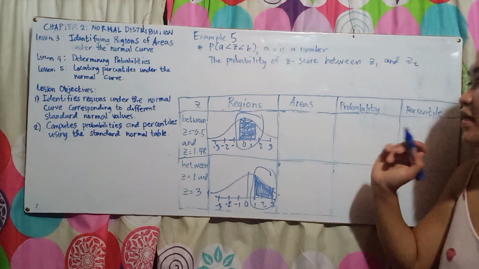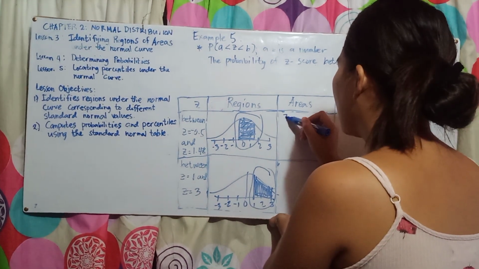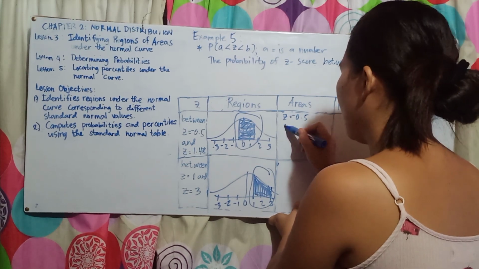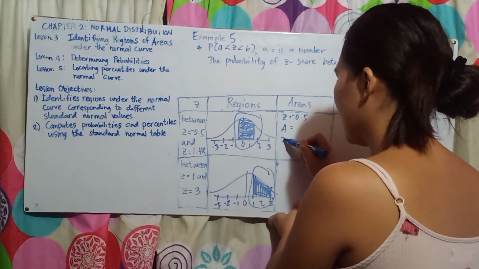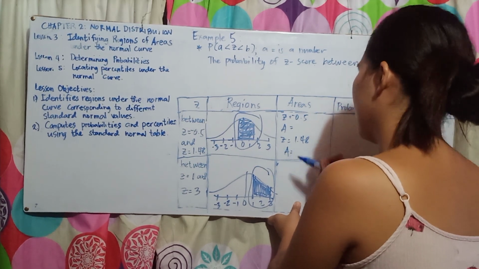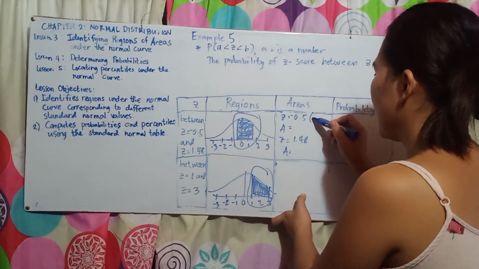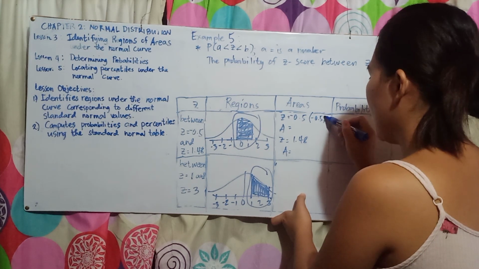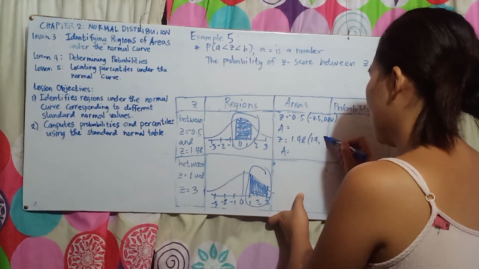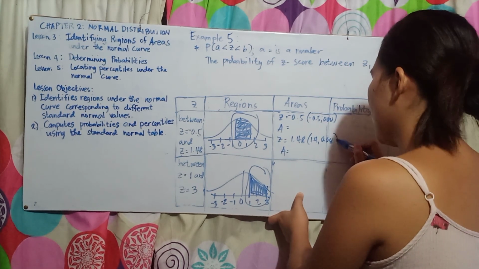So, mo ni karon ato ang i-compute kung pila ang probability anang shaded portion. So, first is, pangitaon na to ang area sa negative 0.5. Pangitaon na to ang area sa 1.48. So, makita na siya sa 0.5 and 0.00. Kani 1.4 and 0.08.